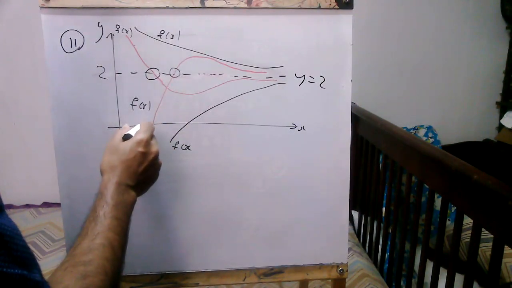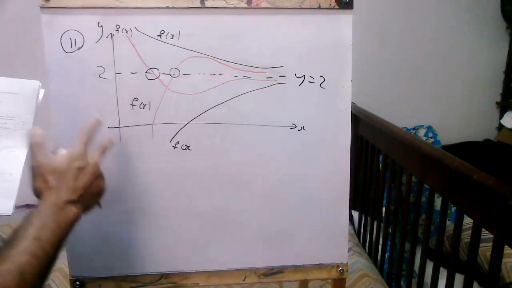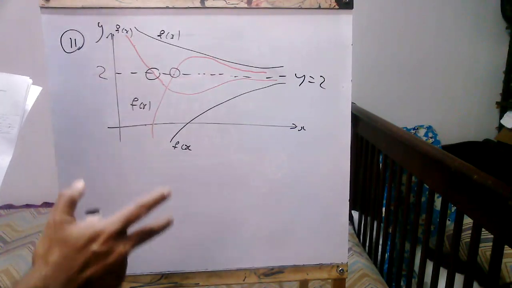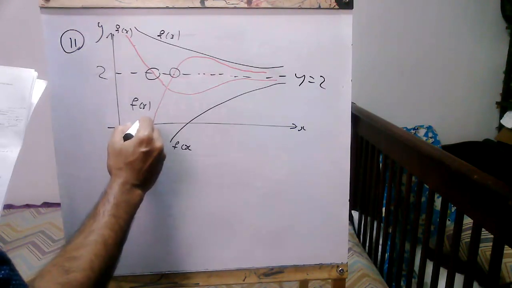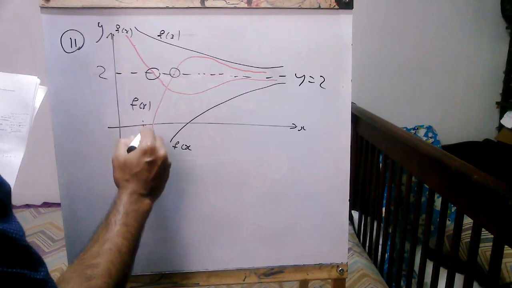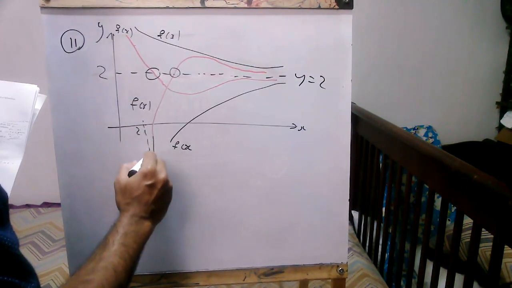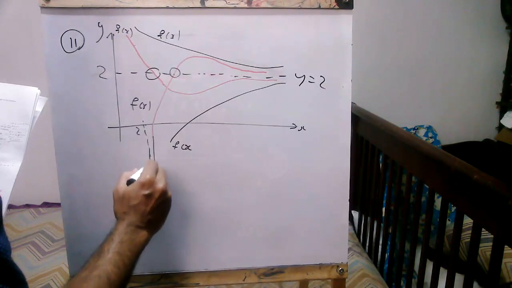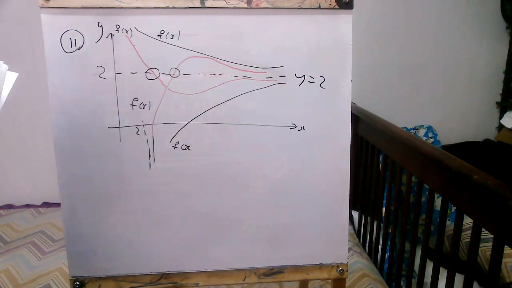Maybe it could have an asymptote at x equal to 2, right? So it is not always true. It could be true, but it is not always true. In this case, say this is 2, and if this is a vertical asymptote, f(2) is undefined.